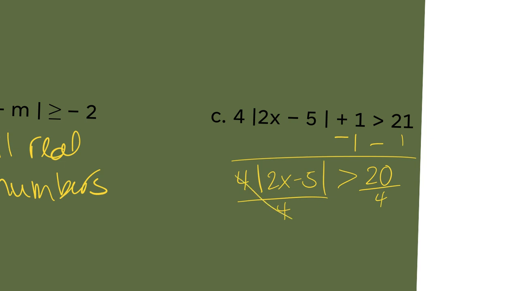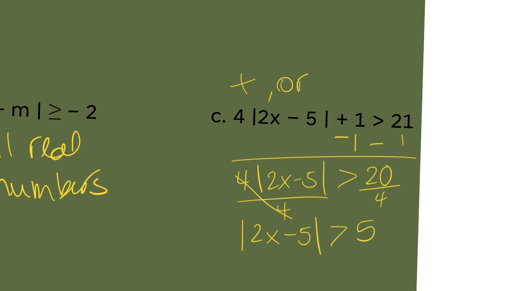So it now becomes the absolute value of 2x minus 5 is greater than 5. Now I'm able to decide: it's positive, correct? And it's going to be "and" or "or"?